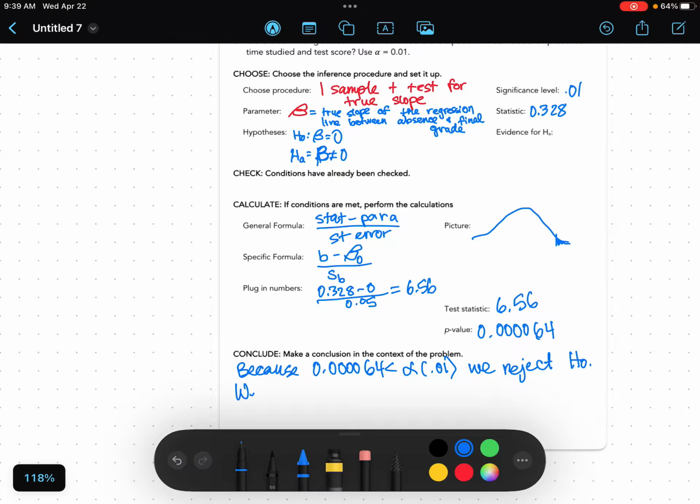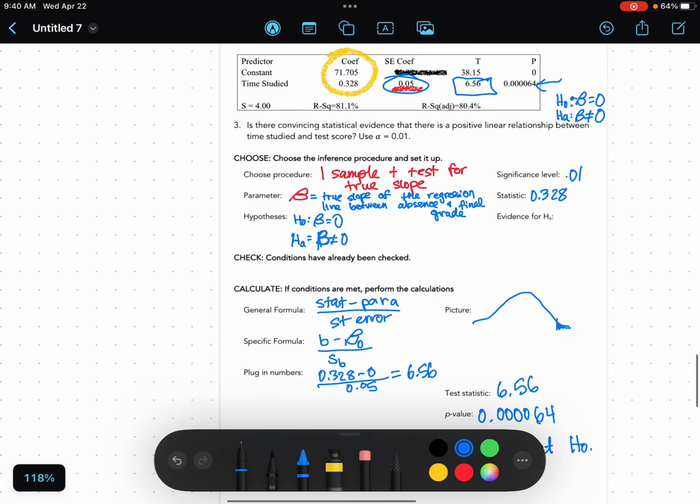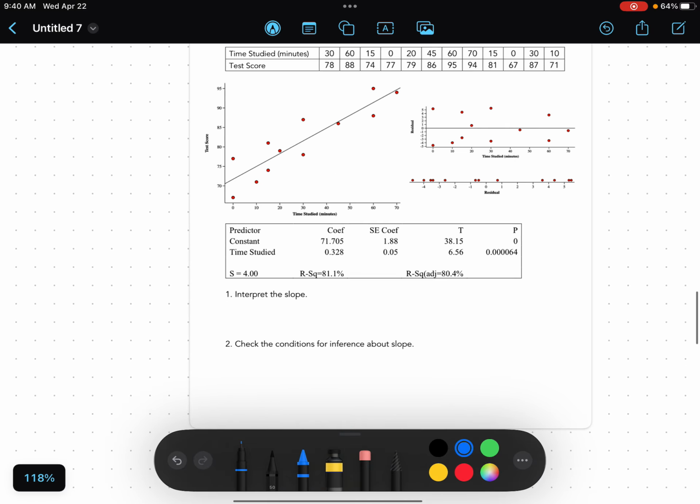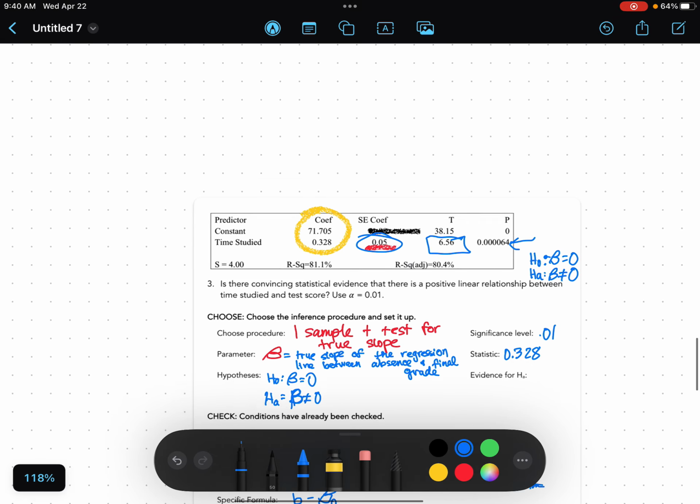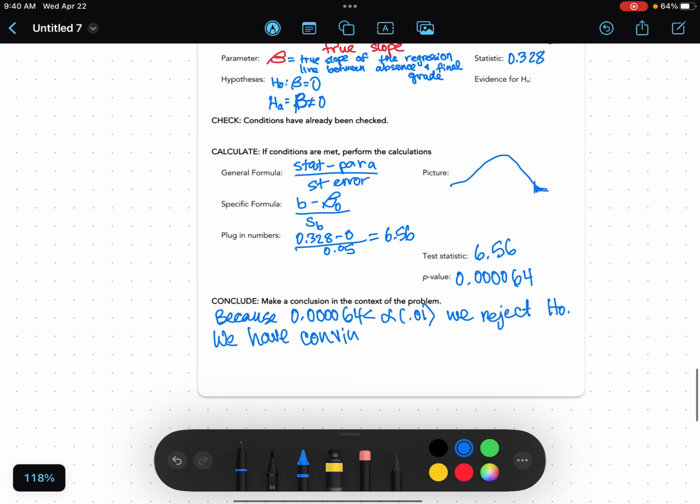So we have convincing. Oh my gosh, wait a second. I'm just realizing this is a positive thing. Sorry, it's the time studied. I'm so sorry, I got my context wrong.